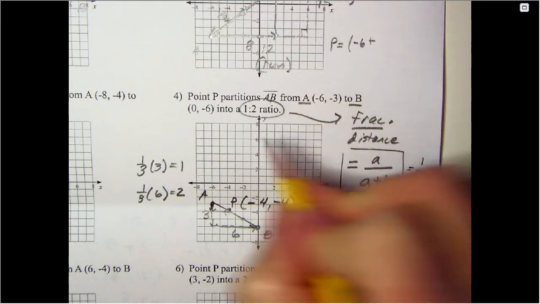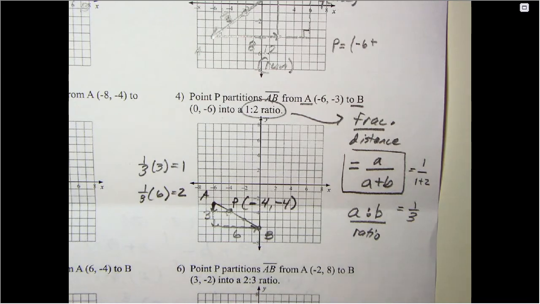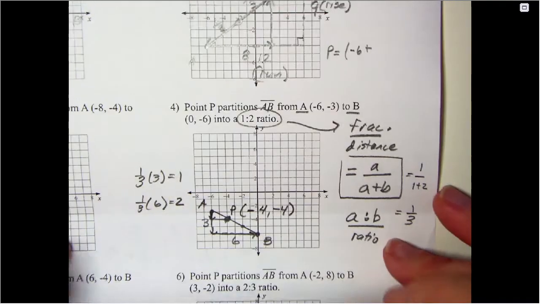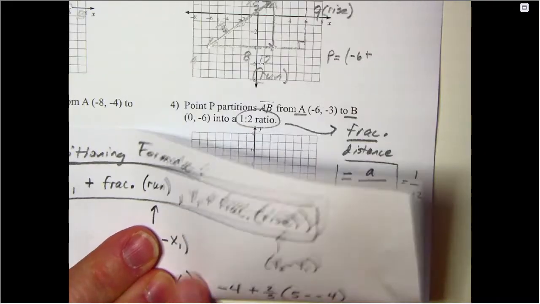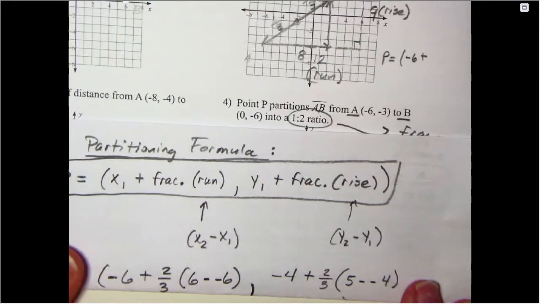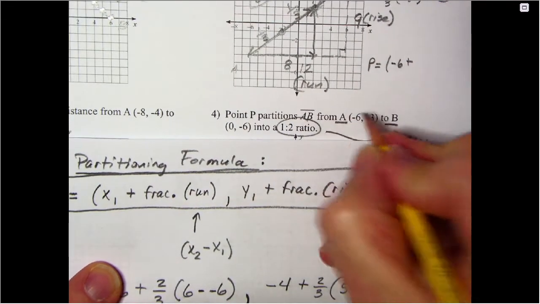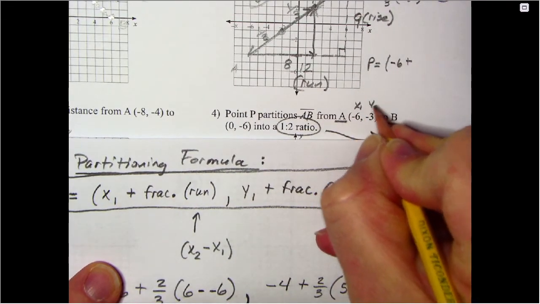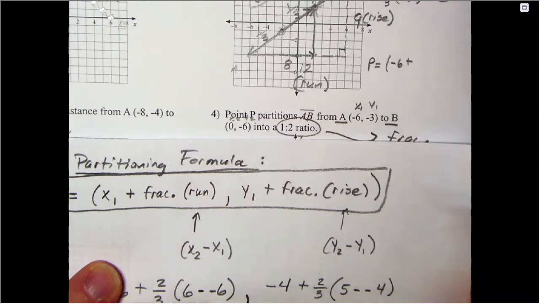Okay, so if you're not going to use the graphing method, and there's going to be some problems where I take the graph away, but you can always use the graph. So if I took this graph away, I need to go back to the formula. So this is going to be my x1 and my y1. That's going to be my x2 and my y2.